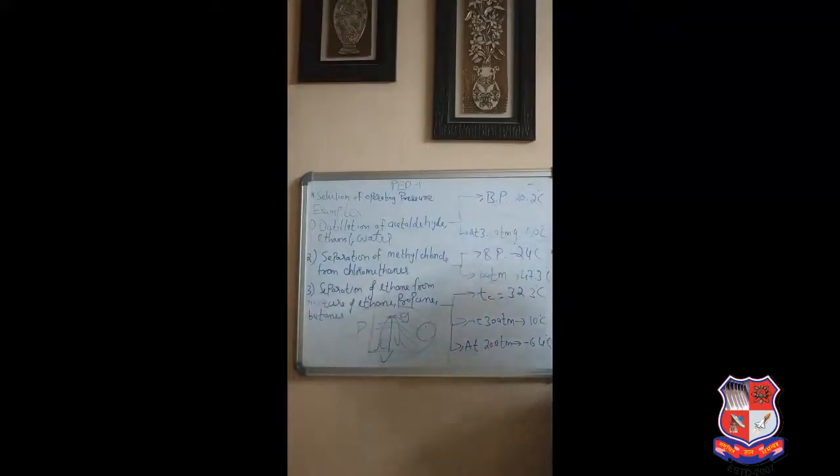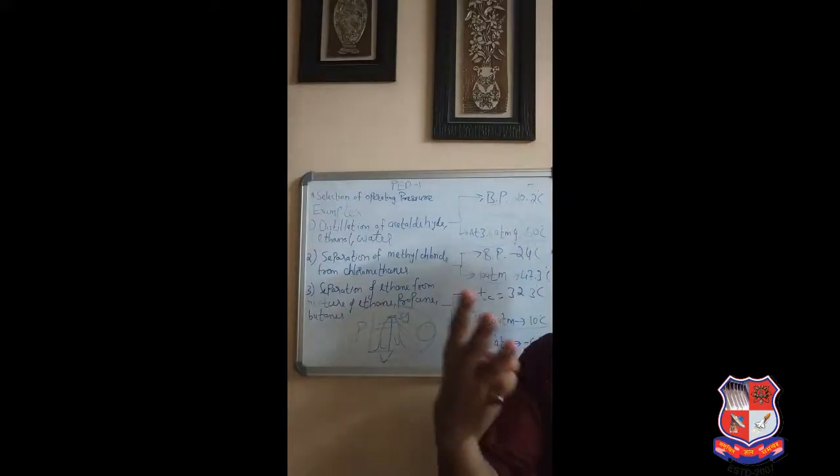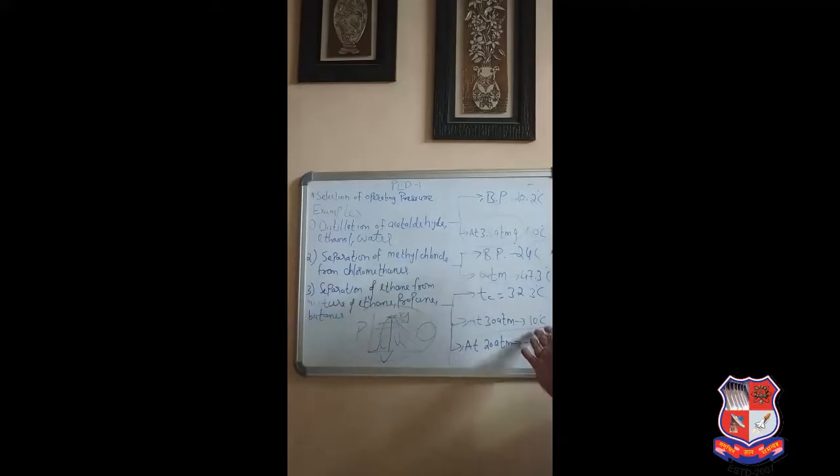So at 30 atmosphere, the critical temperature turns out to be 10 degrees Celsius, right? Now you can operate your column at 30 atmosphere, and you can use chilling water also, because 3 degree driving force is required to use a shell and tube heat exchanger, and 3 degree driving force is available.